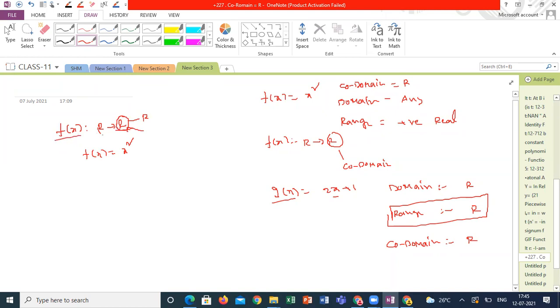You are defining from this set to this set. I don't know whether all the values of the second set can be part of the range or not. That depends upon f of x. When you call it a real valued function, it means you are defining from R to R.